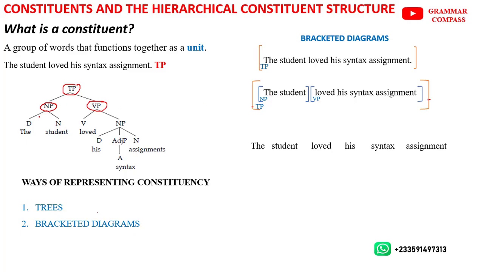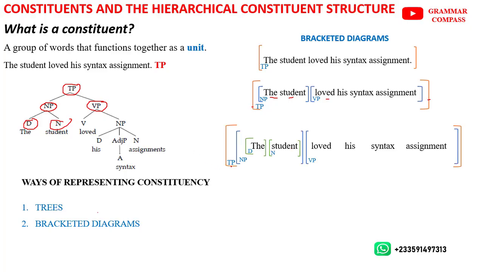In our tree diagram, we said it consists of the determiner, the, and then the noun student. Therefore, in using bracketed diagrams, we need to also account for the constituents within the noun phrase and then account for the constituents within the verb phrase. So let us take that to the last step.